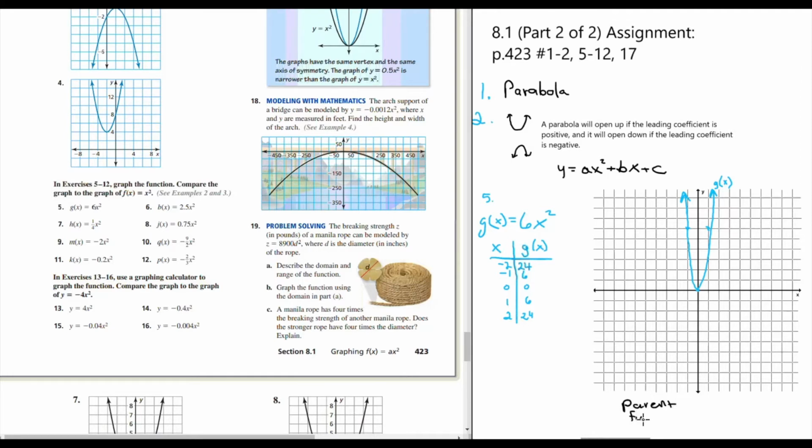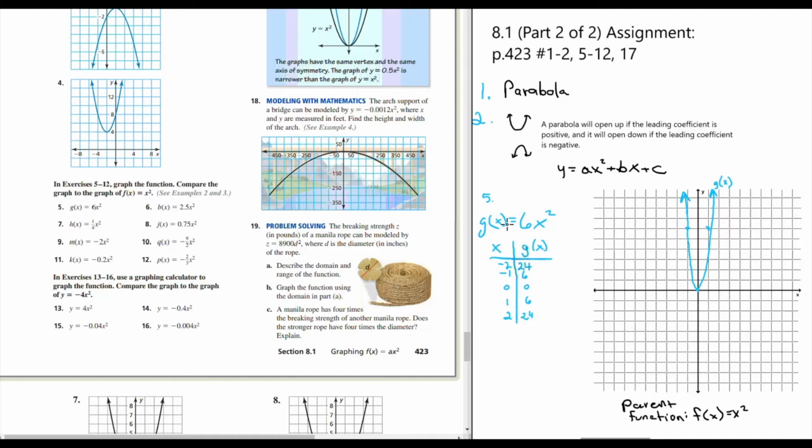The parent function for this family of functions: the family of functions we are dealing with is the quadratic family because we have an x squared, and that is my highest degree. The parent function is y equals, or f of x equals x squared. That is the parent quadratic function, the most basic function in the quadratic family.